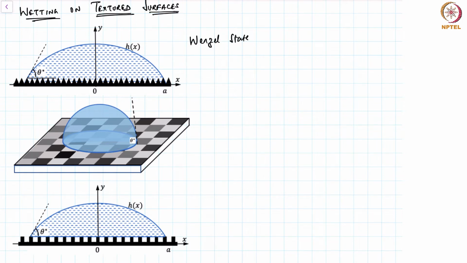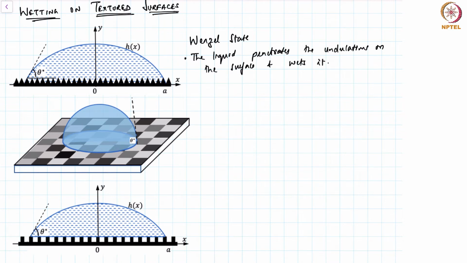So in this state, the liquid penetrates the undulations on the surface and wets it.